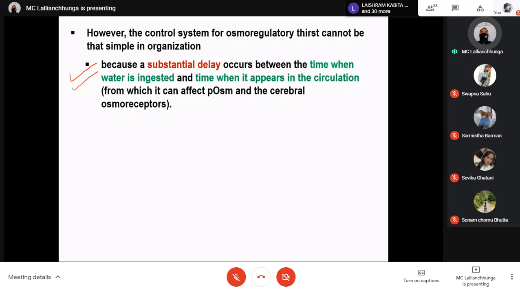It means that there is a substantial delay. Water has to be absorbed through the wall of the digestive tract to reach the blood, to dilute the plasma concentration, or plasma osmolarity.